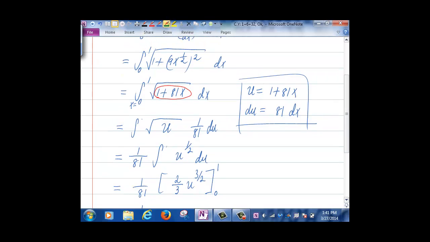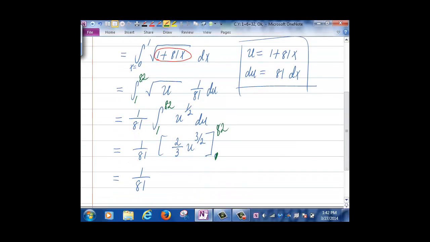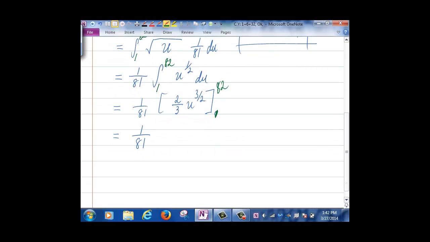And so what I get then is u is 1, and when x is 1, u is 82. So I get 82 here and a 1 here. So this would be a 1, this would be an 82. So what I get is 2/3.